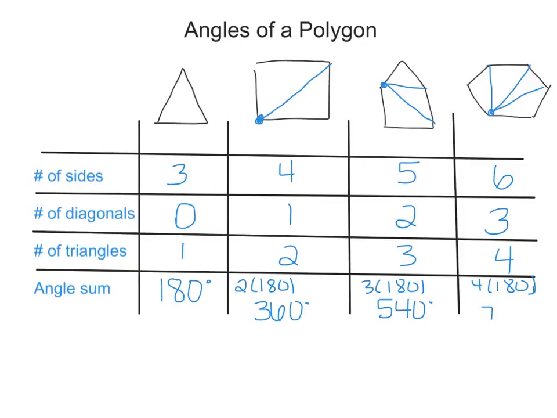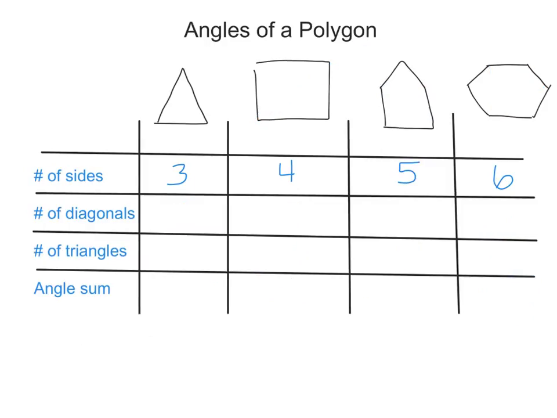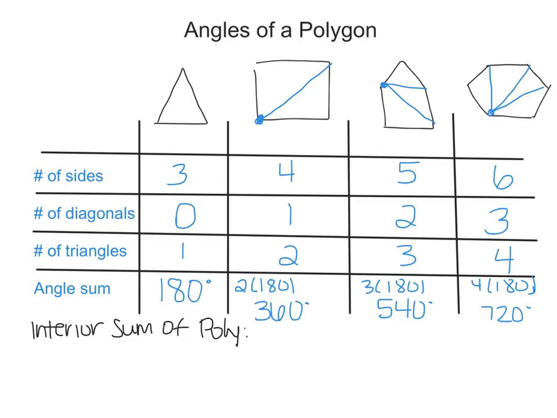So that gives me 720 degrees. So if I think about this, the interior sum of the polygons, all right, I notice, look, if I take this and I see that I have, sorry about that, if I have this 2 here, and I had 4 sides, I had 1 and I had 3 sides.